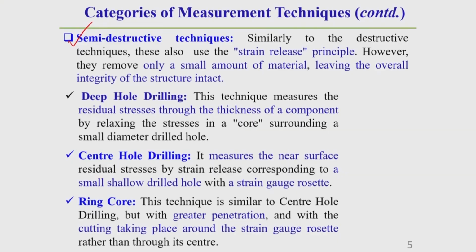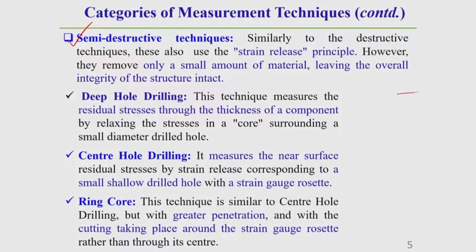That means structural integrity remains as it is, because only a small amount of material is removed, so we can reuse that structure. But the principle of this measuring technique is similar to the destructive type of residual stress measurement technique.